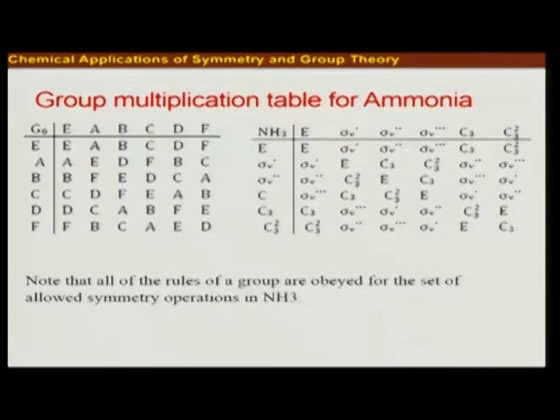What you should do is find out the similarity between these two. Once you have a close look at both the tables, one for G6 which is an abstract group, and this symmetry point group C3v, that is ammonia here, you will see that all the rules of a group are obeyed by this group multiplication table for ammonia. All the symmetry operations here follow the principles that we already know.